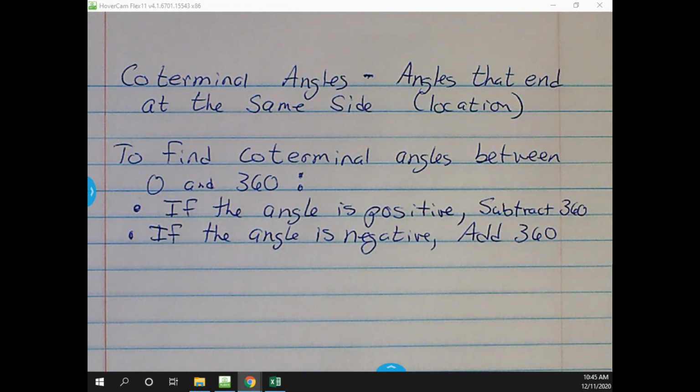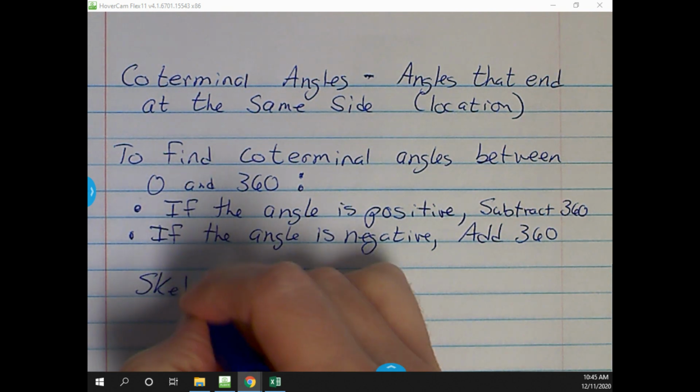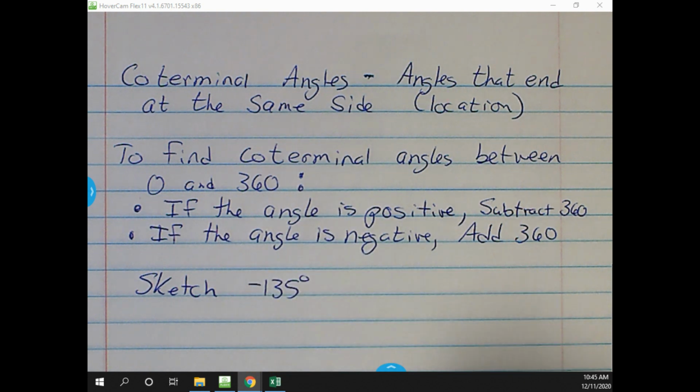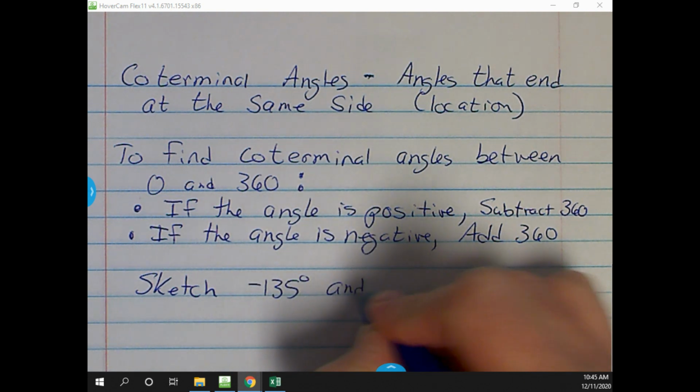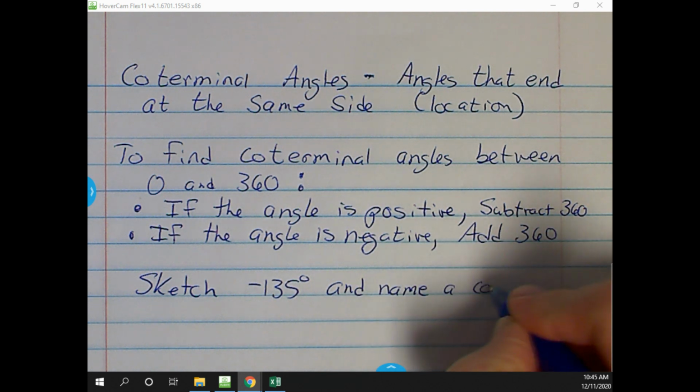Okay, so what we're going to do first is we're going to do two things with this one. We're still going to do a sketch, but then at the same time, we're going to find a coterminal angle. So we're going to sketch negative 135. And then we're going to name a coterminal angle.